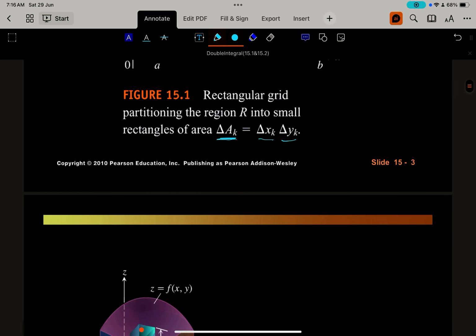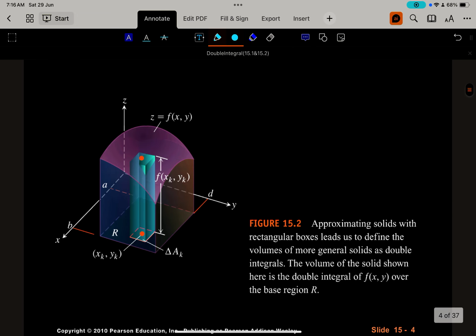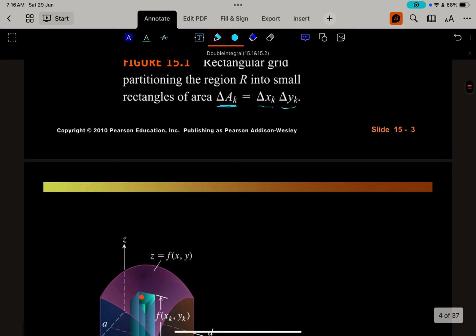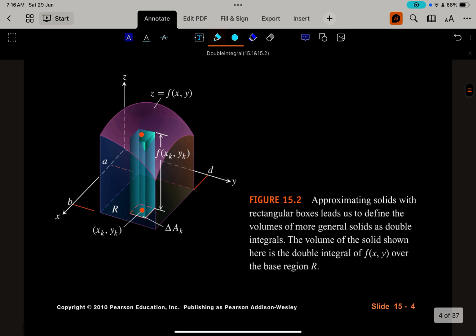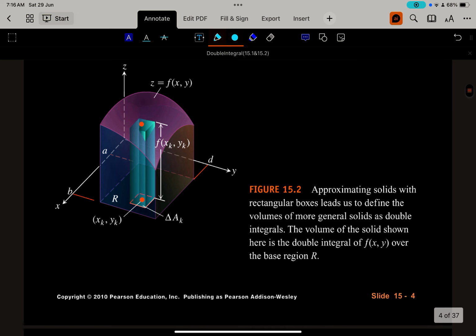Now if we move on to 3D, we moved on from 2D to 3D. If you want to approximate a solid, so now we are talking about 3D, so we're talking about solid. In the regular integrals, we were talking about a region.